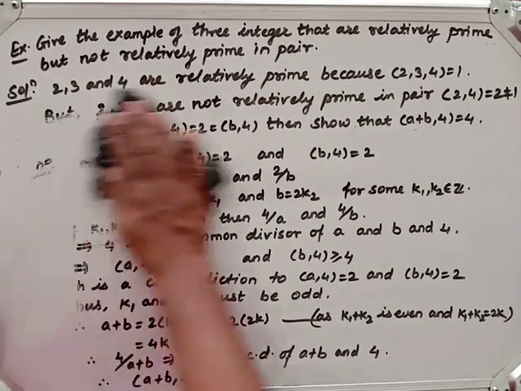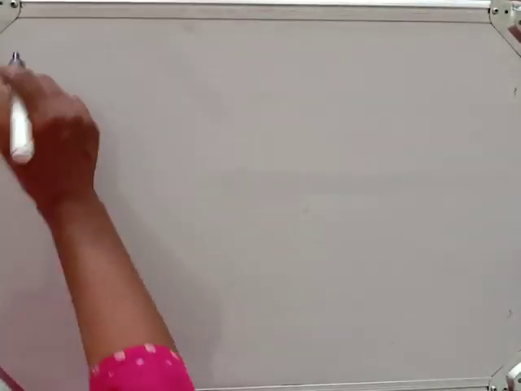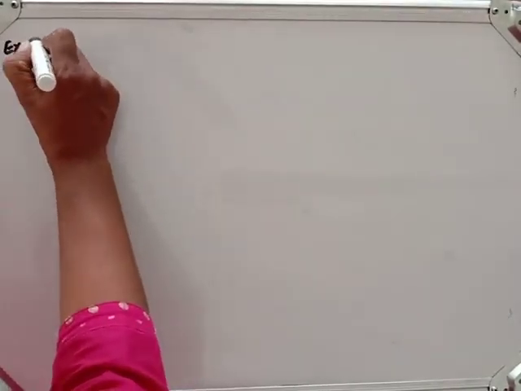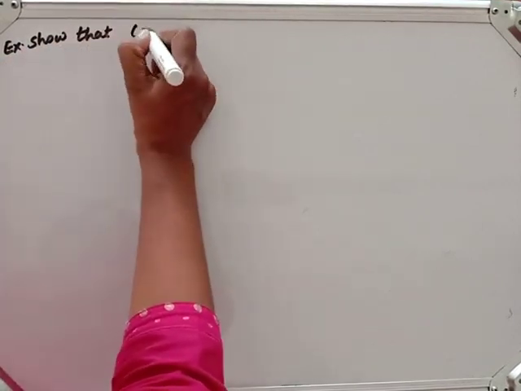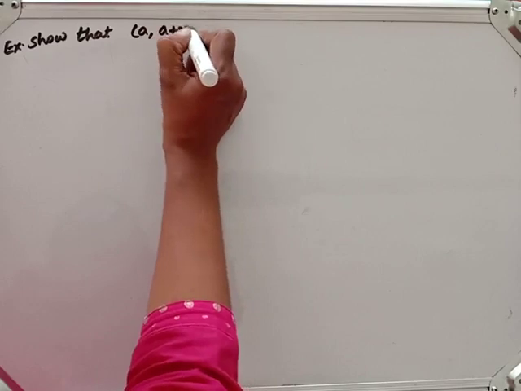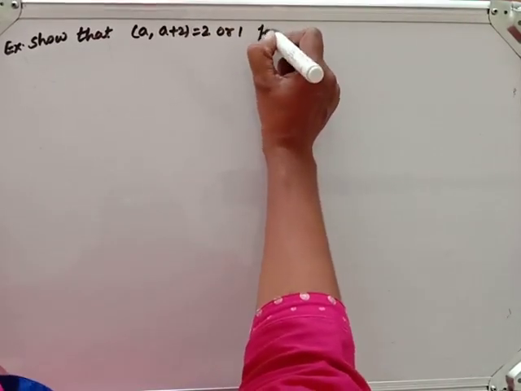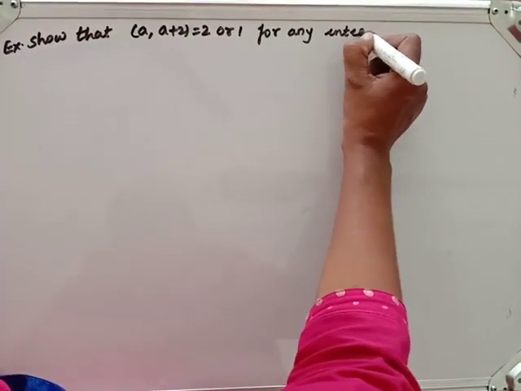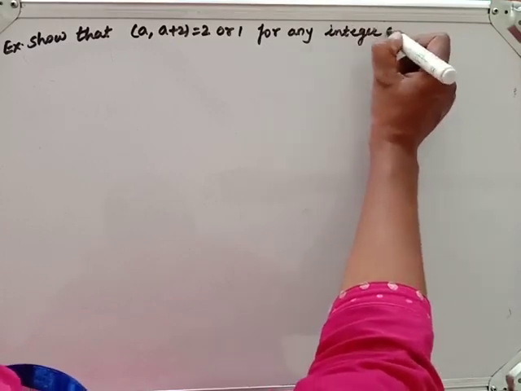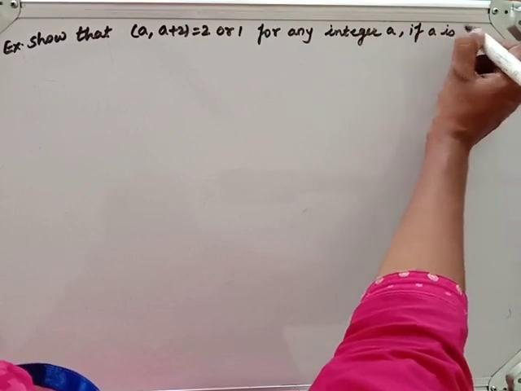Next example is: show that GCD of a and a plus 2 is equal to 2 or 1 for any integer a, if a is even.